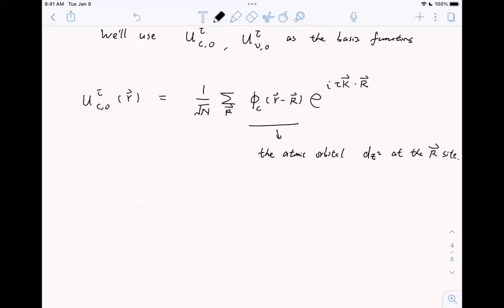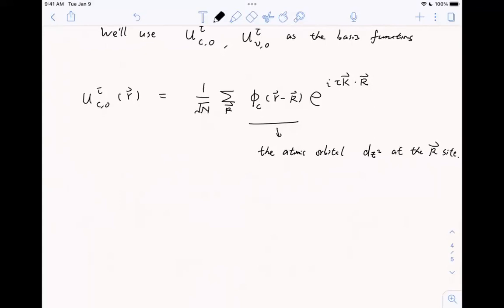So for each site of the atom, you have the dz square orbital, but you're going to sum over all the sites. Okay, and you carry this plane wave phase factor, and then you can construct a Bloch wave function. Is it okay? I mean, we use the same trick for graphene, right?